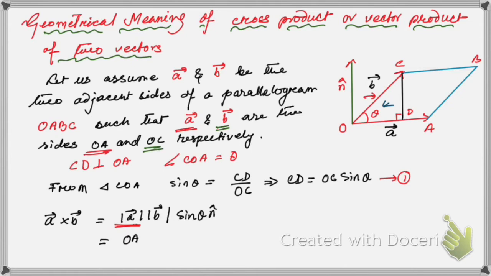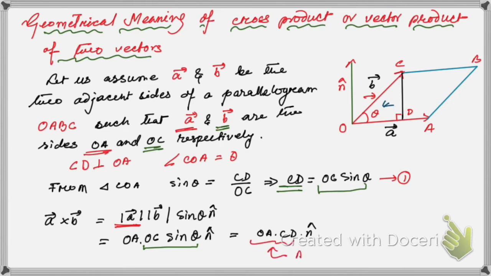So it is OA into OC sin theta n cap, right? Now OC sin theta is the perpendicular CD, right? And so you can write it as OA into CD, n cap.